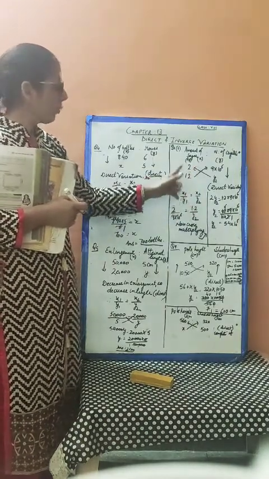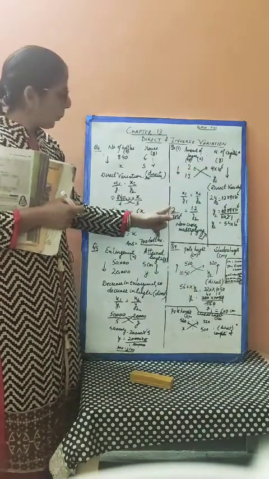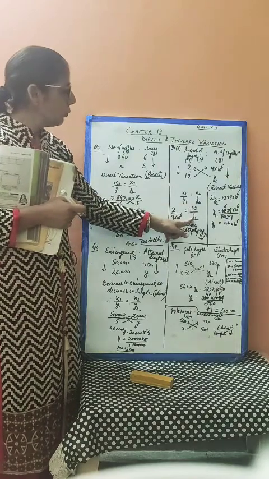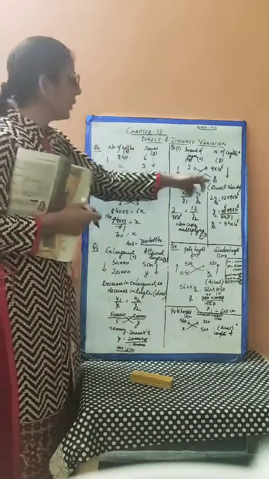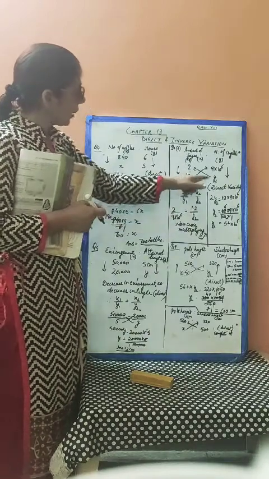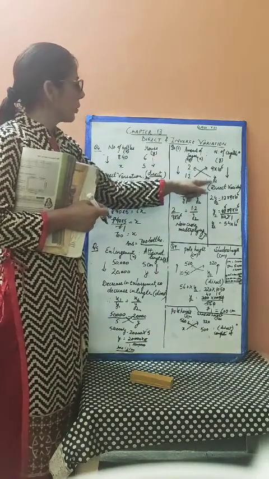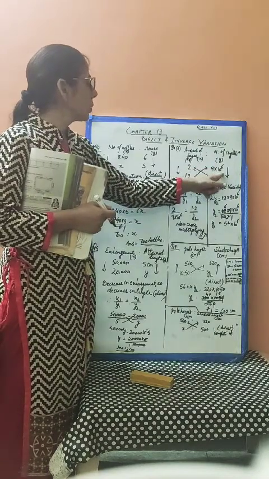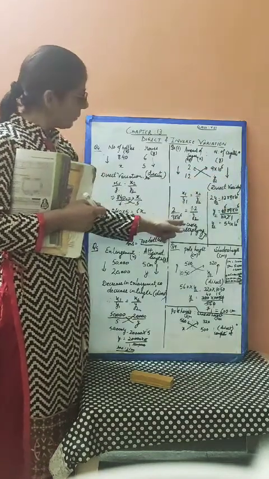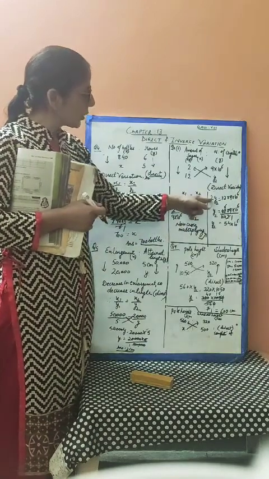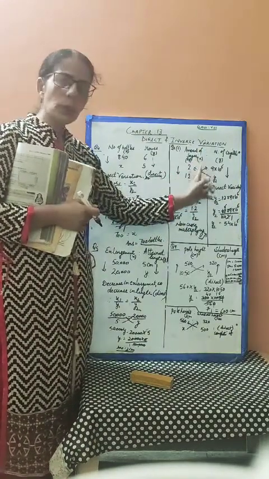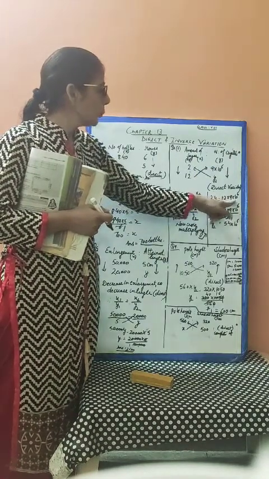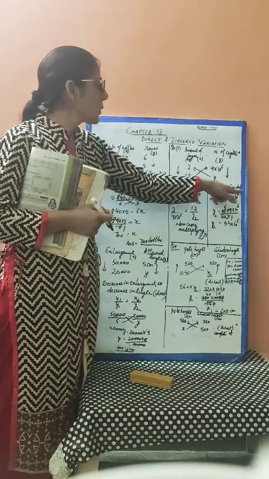If I apply the formula, 2 upon 9 into 10 to the power 6 is equal to 1.2 upon y2. But I can also do the cross multiplication directly: 2 into y2 is equal to 1.2 into 9 into 10 to the power 6.